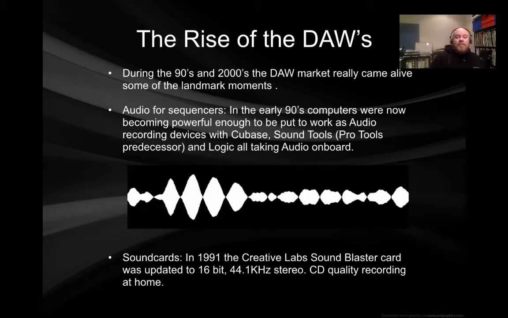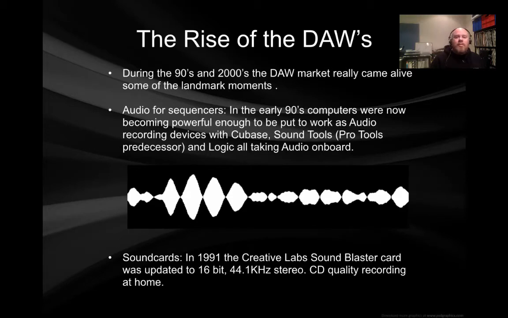In the early 90s, computers were now becoming powerful enough to put to work as audio recording devices, with Cubase, Sound Tools, the Pro Tools predecessor, and Logic all taking audio on board. So before this, all that computers were able to do was give the MIDI information for the notes. So if you wanted to control a drum machine, you could use your computer to control the drum machine and even control the different channels on the drum machine.